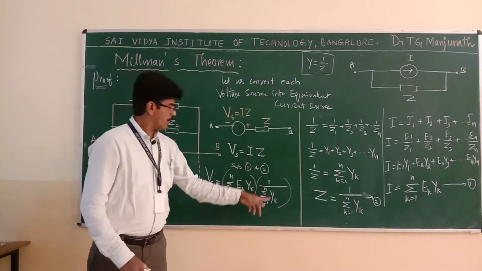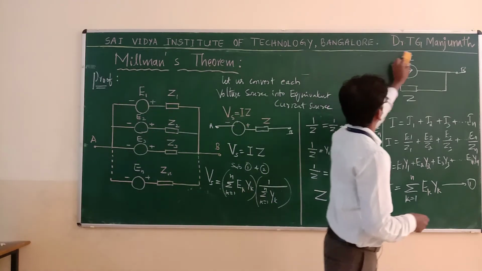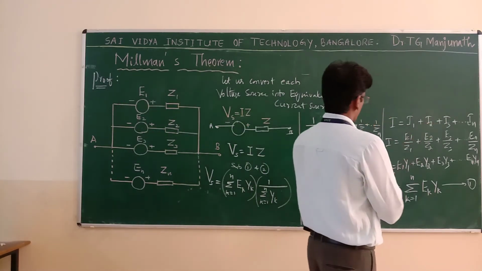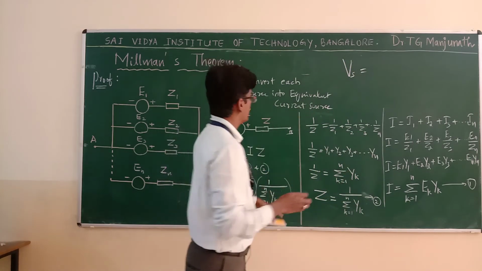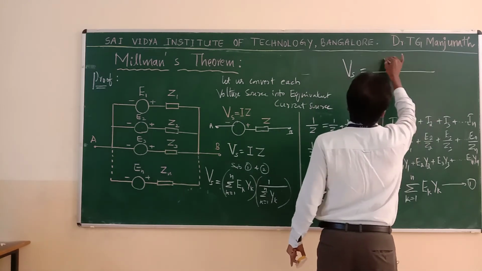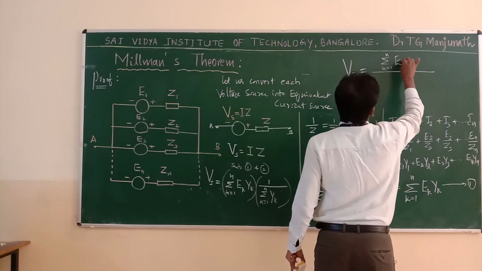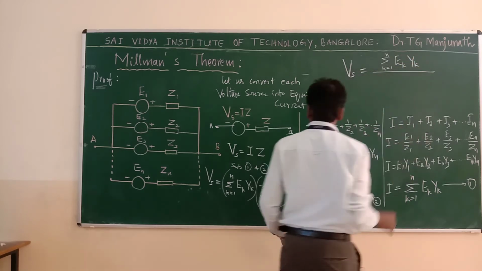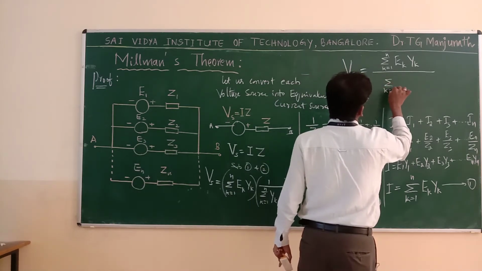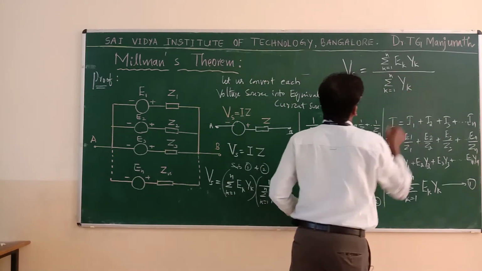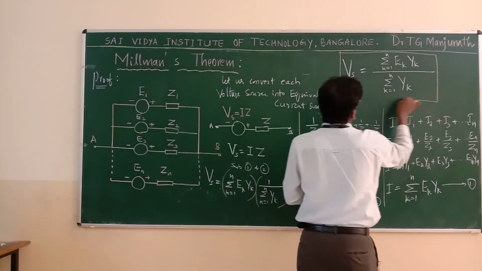Now I will rewrite this properly. The single voltage source is given by sigma k is equal to 1 to n of Ek Yk in the numerator, divided by sigma k is equal to 1 to n of Yk. This is your single voltage source value.